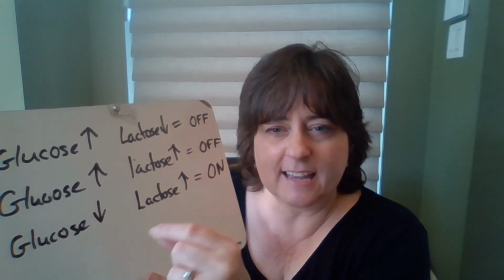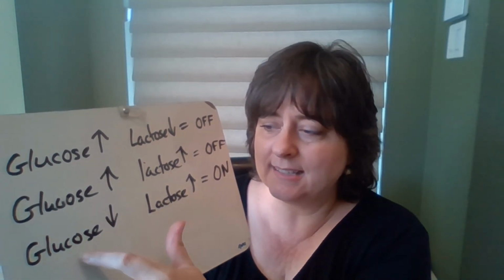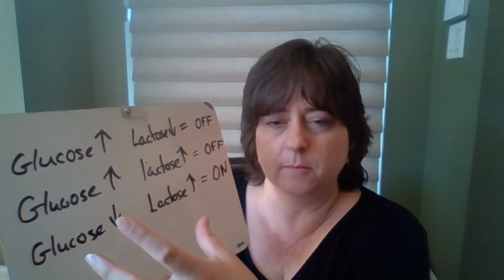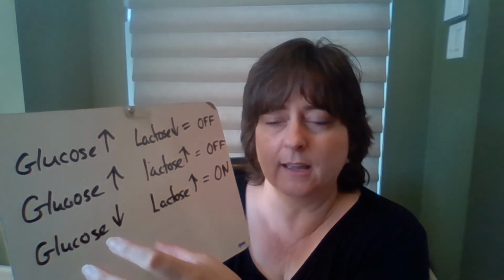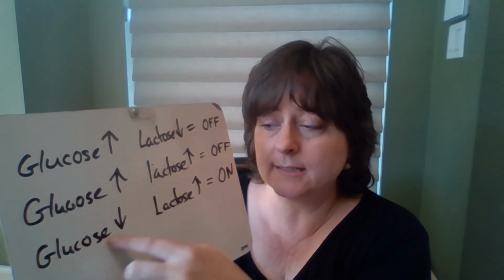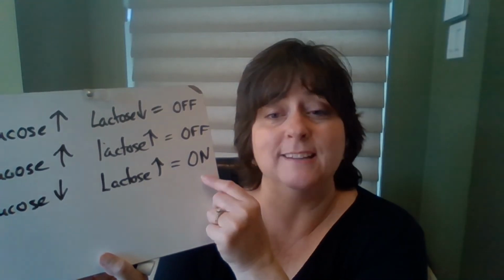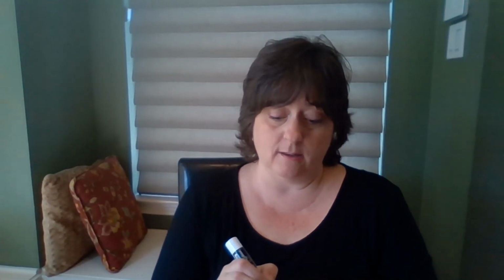That cyclic AMP, because it's not involved in breaking down glucose, is going to bind to the catabolite activating protein and make that CAP-cAMP complex. And then both of those things will occur and transcription will be induced. It'll be turned on.